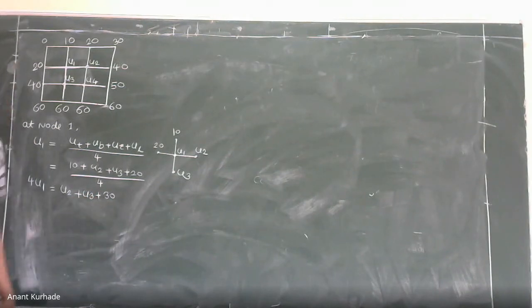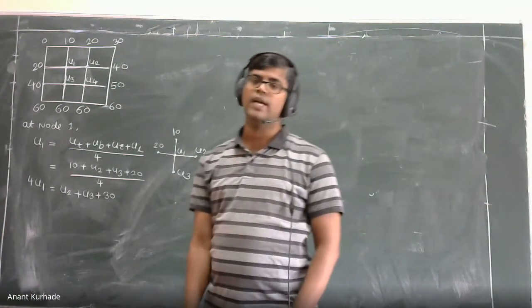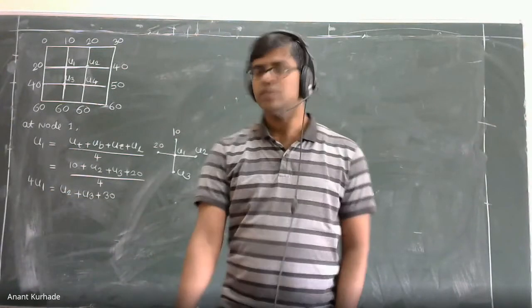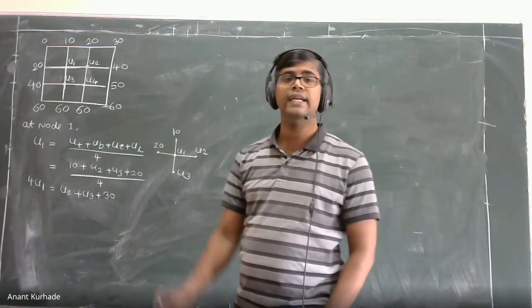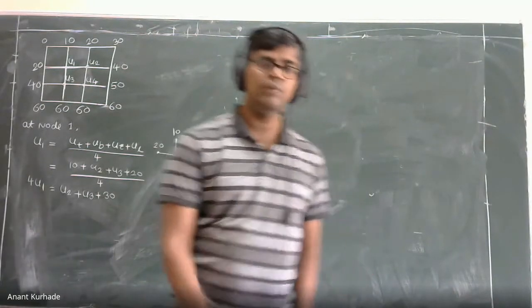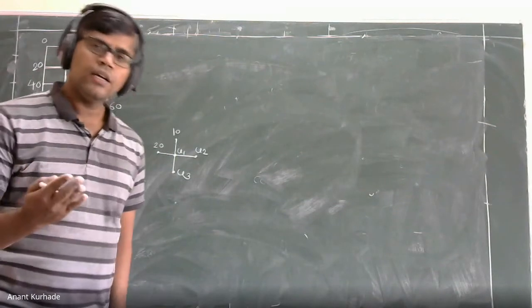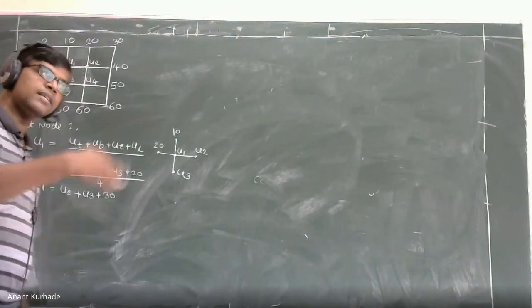Here we have U1, U2, U3, U4, and you have written this equation. Now the most important part: try to write each and every equation with respect to these four values U1, U2, U3, U4. Take all values of U towards one side and numbers towards the right side.